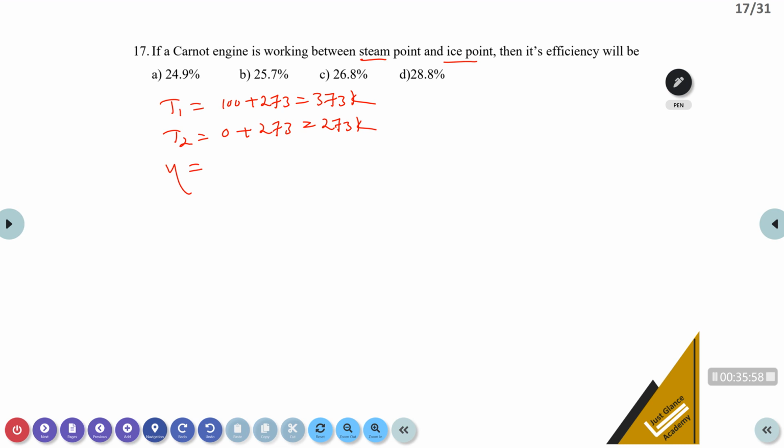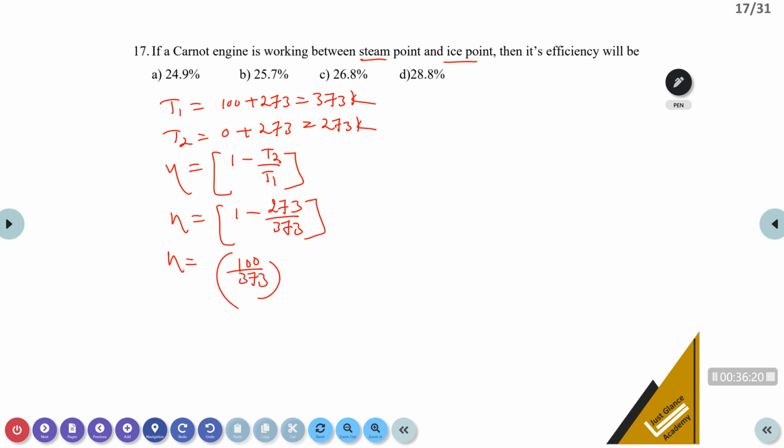Efficiency equal to 1 minus T2 divided by T1, equal to 1 minus 273 divided by 373. This is equal to 100 divided by 373.